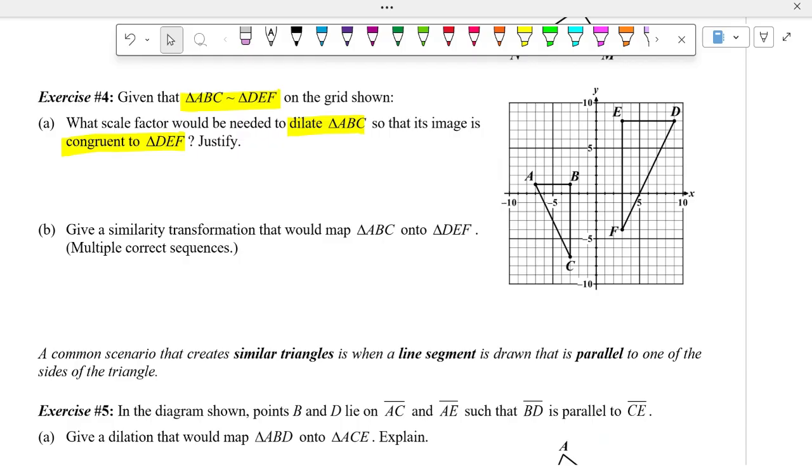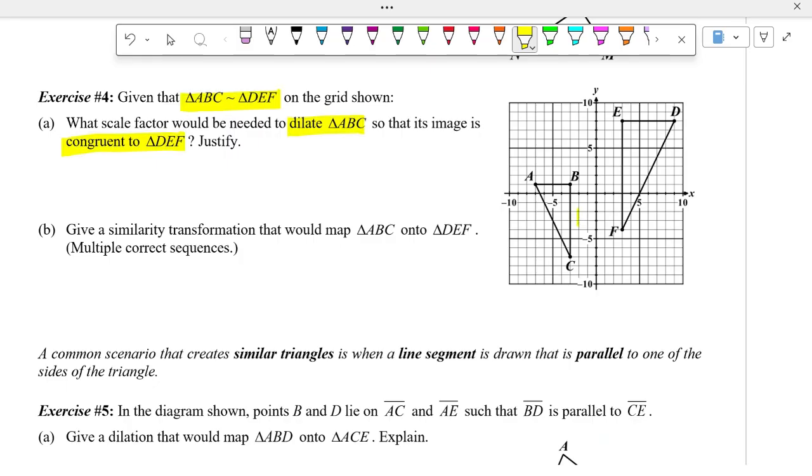There are 2 sides on each of those triangles that I can easily find the side lengths to. Which 2 sides? So BC I can find easily because it's a vertical line. I can just count units. Same thing with EF. So if I count how many units BC is, it's 1, 2, 3, 4, 5, 6, 7, 8.